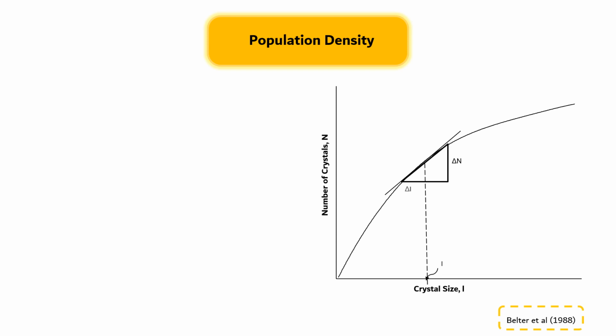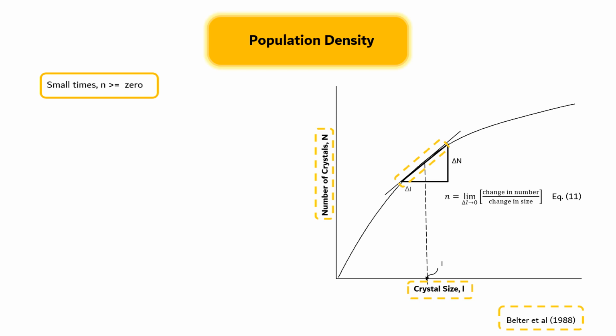Population density. A typical crystal size distribution is described by a population density as shown in the figure. The abscissa in the plot is the characteristic size L, and the ordinate N is the number of crystals per volume between size 0 and L. The slope of this plot, which has dimensions of number per length, is called the population density, as described by equation 11.